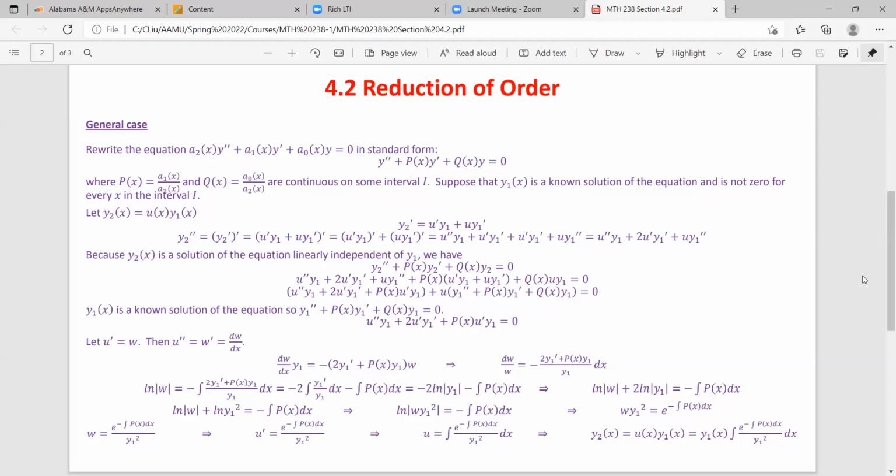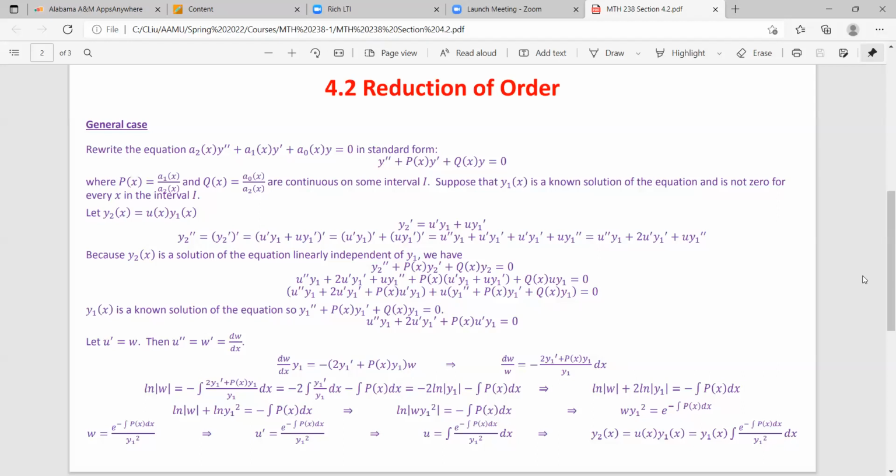Okay, so we can use the property of logarithms to rewrite the 2 times natural log of absolute y1 as natural log of y1 squared, so the 2 just gives you an exponent. Then we can also combine the two natural logs to get the natural log of absolute w times y1 squared equals the negative of integral of p.